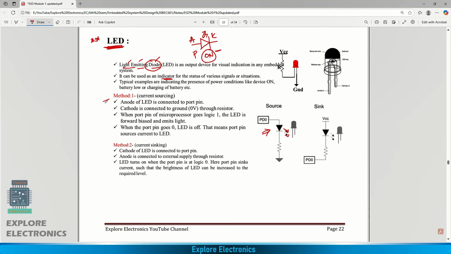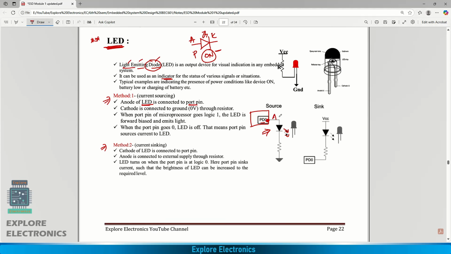There are two types of LED connections now. In the first type, the anode of the LED is connected to a port pin. This is a microcontroller, and the microcontroller output pin, the port, controls the functionality of the LED.